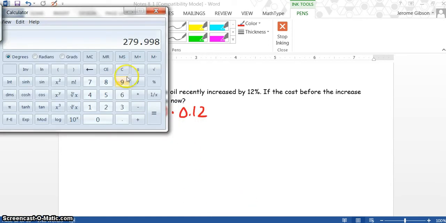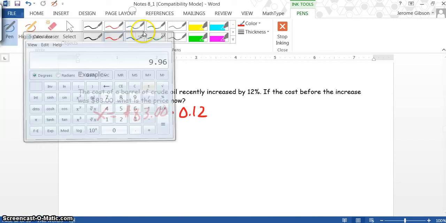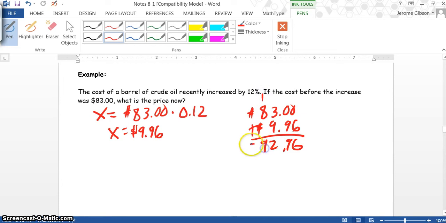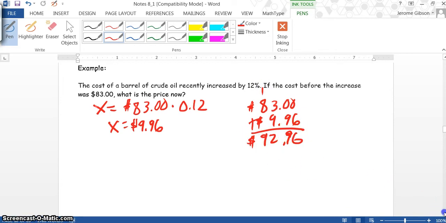So we could take our calculator, 83 times 0.12, which gives us $9.96. Now this is the amount of the increase. So to find out what the price is now, we would take the original price of $83 and add $9.96 to it. So this would give us $92.96, and that would be your final answer.